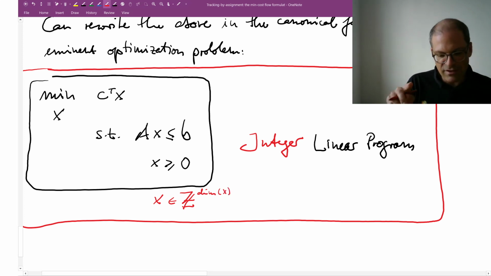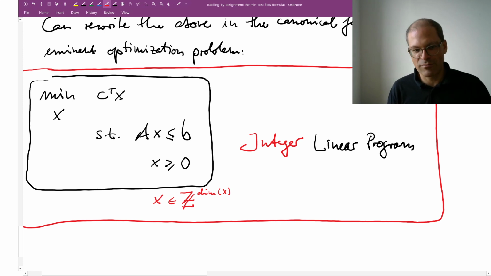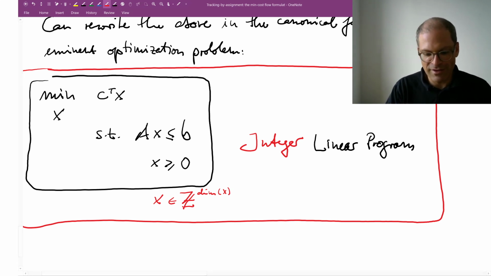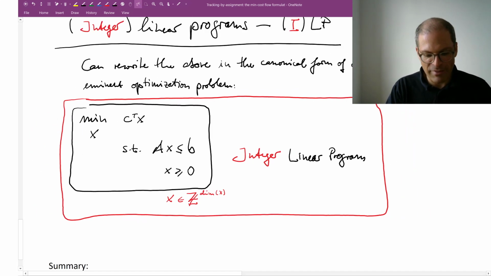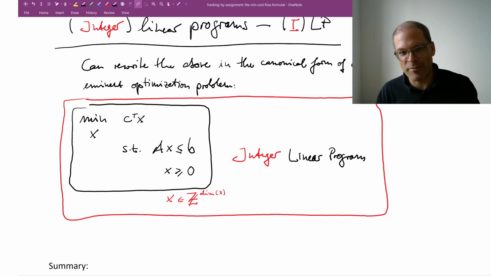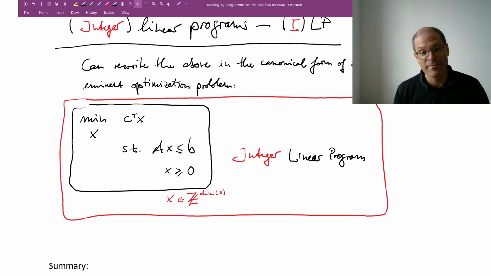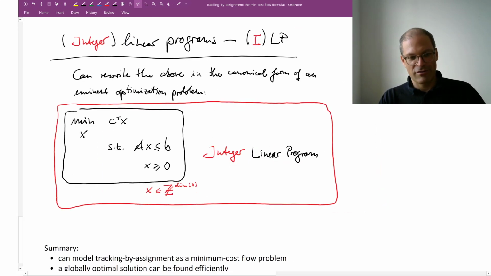Here Z just means the Cartesian lattice, or the integral lattice, which has as many dimensions as x has. And a linear program, a hugely important class of optimization problems, can be solved in polynomial time and very efficiently in practice, while integer linear programs can be extremely hard to solve.